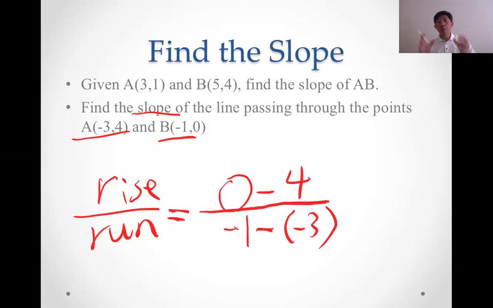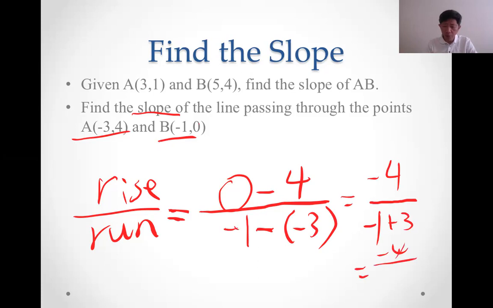So you put a parenthesis there, and that helps with the calculation, all right? So therefore -4 over -1 plus 3, which is 2. So -4 over 2, which is -2. This is the slope, okay?